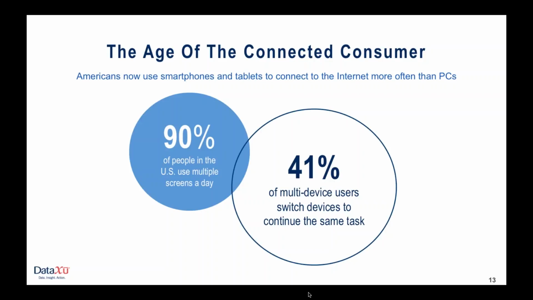You may not purchase those tickets right then and there, but later on you'll open your laptop, remember that ad, and search for the band and venue that was marketed to you. Mobile and tablet devices are accounting for a much larger portion of our digital media mix, and that brings to light many challenges for marketers when it comes to targeting and measuring consumers across all of their different devices.